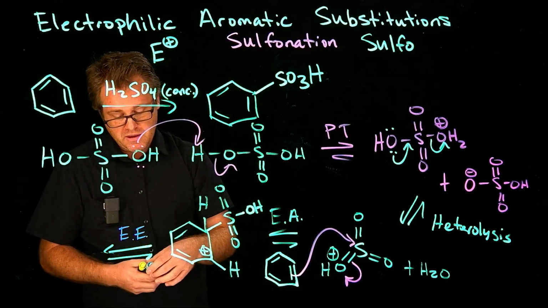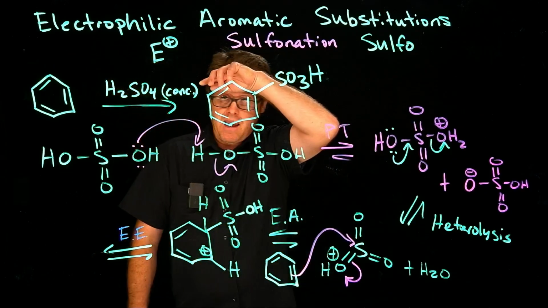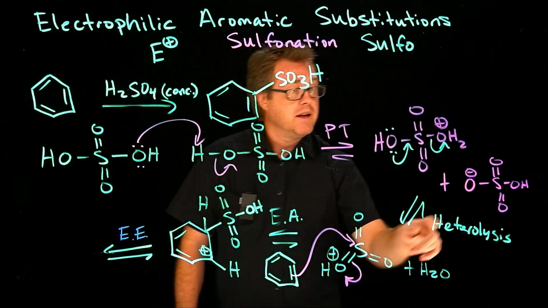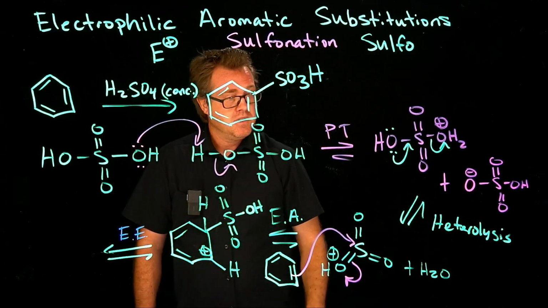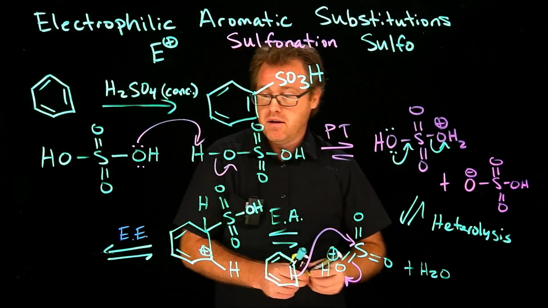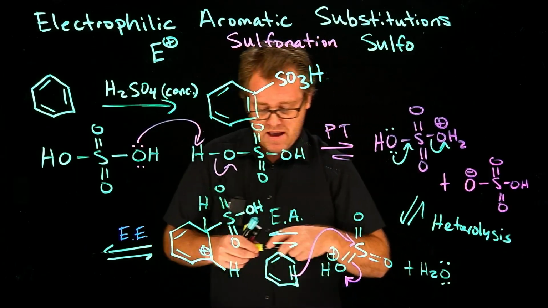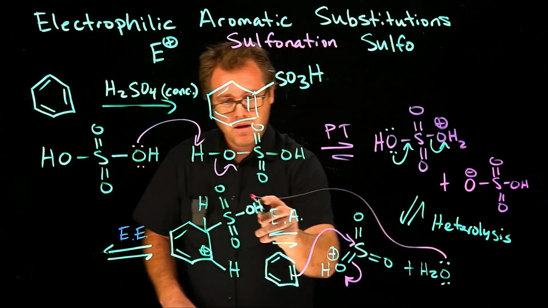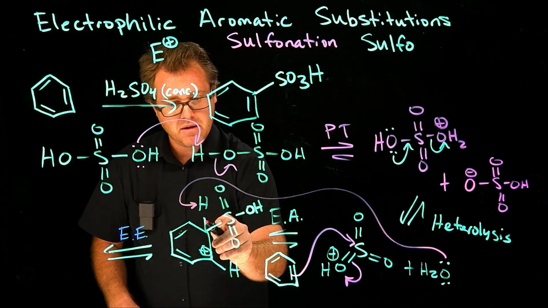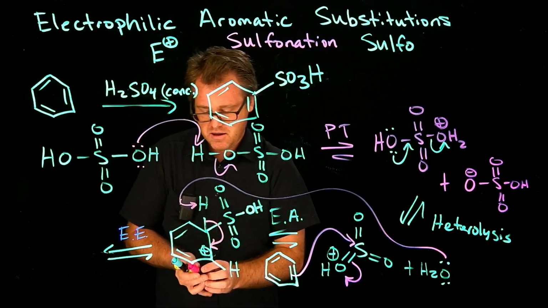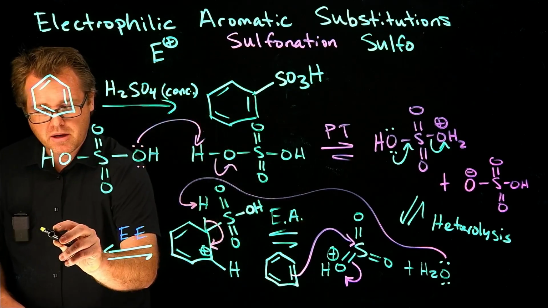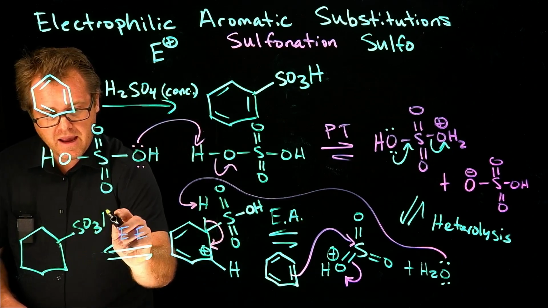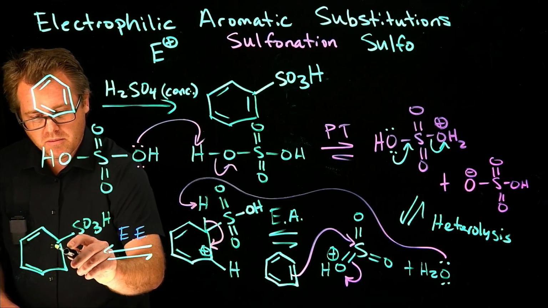But what we're going to do now is take one of the bases. This looks like a really good base, or not a good base, but it's basic in nature. We also have water here. It doesn't really matter. I like to use water. So that's going to come in all the way over here, grab that proton, put the 2 electrons there to give us our product, SO3H.